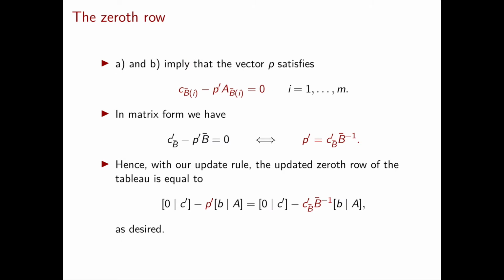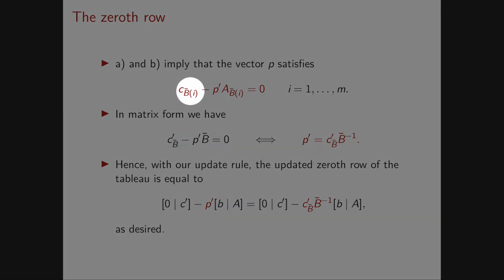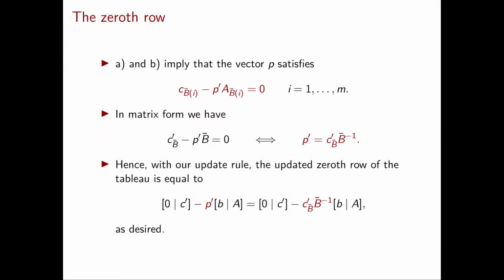So now we're ready to put together the results of our cases A and B. Putting together all the equations obtained in these two cases, we have that C B bar I minus P transpose A B bar I equal to 0 in any case, so for I equal 1 until m. We can now write nicely all these constraints in matrix form.